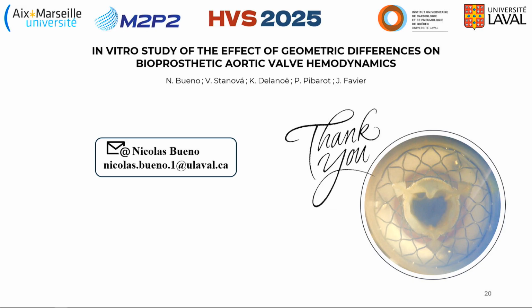And I think, in my opinion, for the opening behavior of the valve, the strain is not very important in the leaflets. It's more in the closure phase where it will be very important to have a good material. Great, thank you so much.